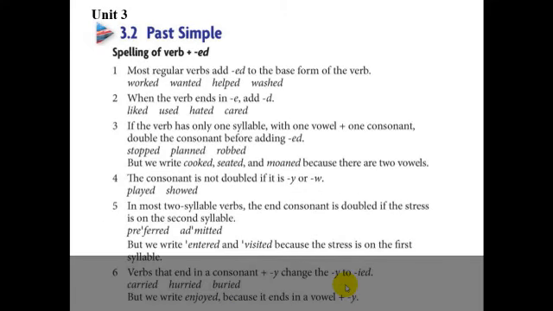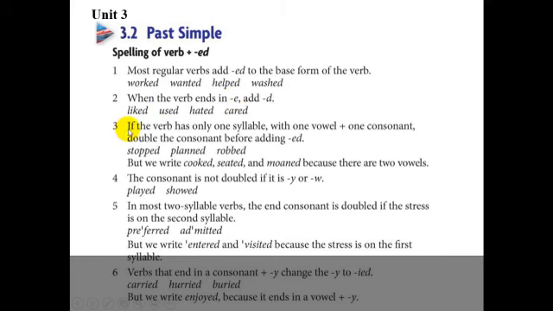With regard to the spelling of past simple, first, in most regular verbs, we can add ed to the base form of the verb, like walk, walked, want, wanted. Second, when the verb ends in e, we add only d, like like, liked, use, used.